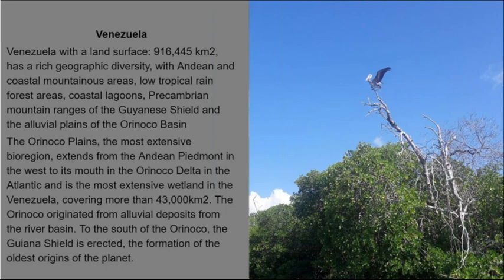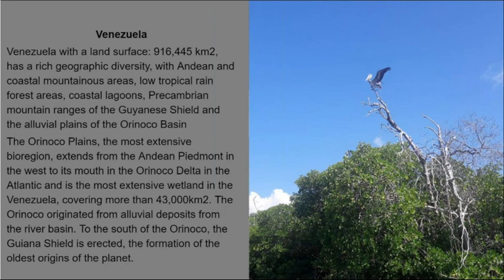The most extensive bioregion of the country is that of the Orinoco Plains, which extends from the Andean Piedmont to the west to the Orinoco Delta in the Atlantic at the east. The Orinoco Delta is the most extensive wetland in the country.